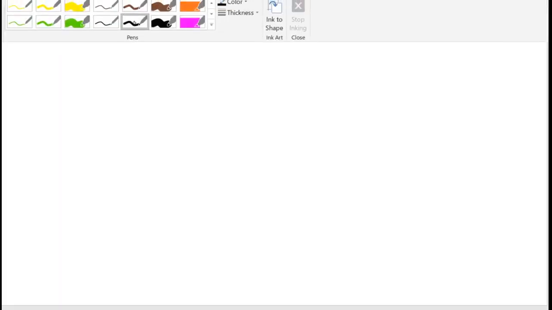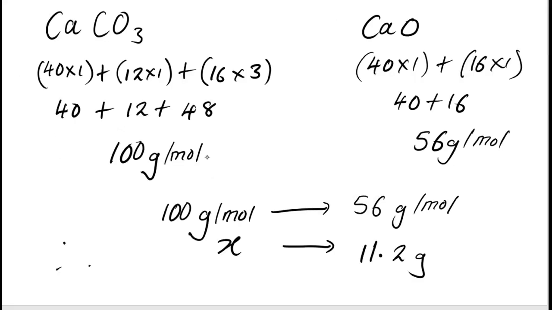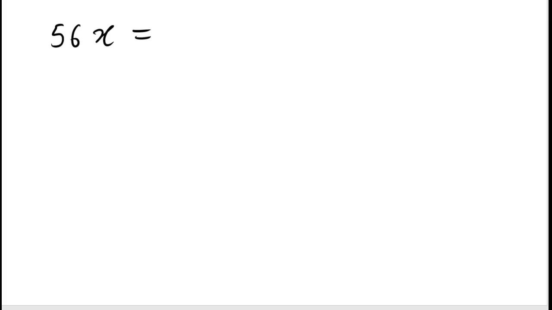Okay, let us go to another board. X times 56. So that is 56x is equal to, you go back, it's here, so we have 100 times 11.2.